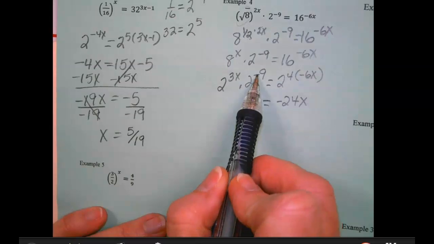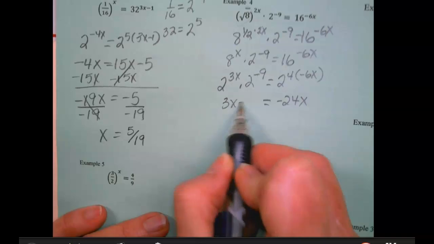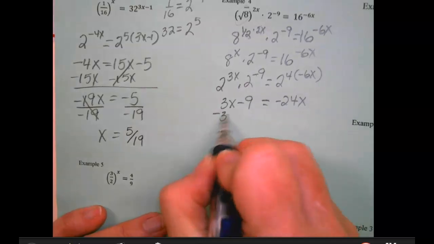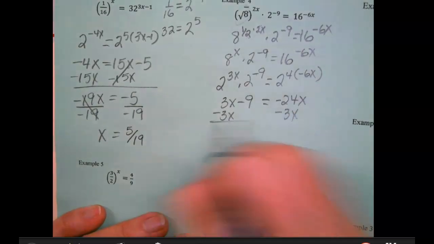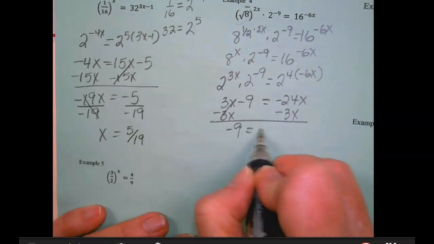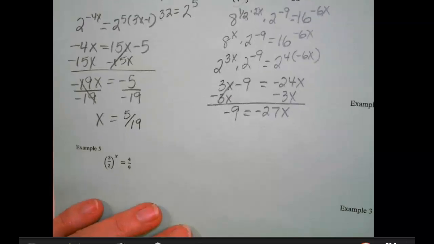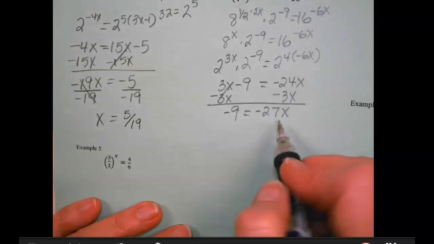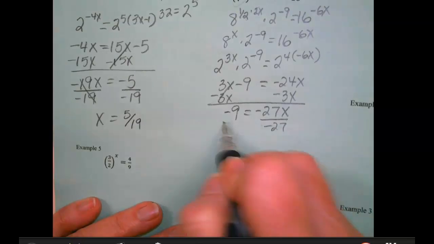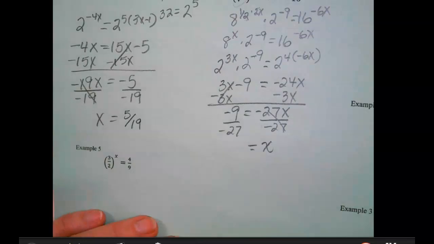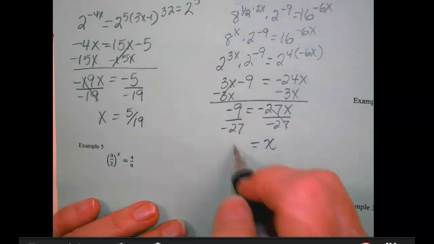But in this case, it's a minus, so I'm going to subtract, right? So I'm going to have 3x minus 9 equals negative 24x. I want the x's on one side, the numbers on the other. Bless you. And then I'm going to divide by negative 27. And when I do that, a negative divided by negative gives me positive. And when I reduce, I get 1/3.